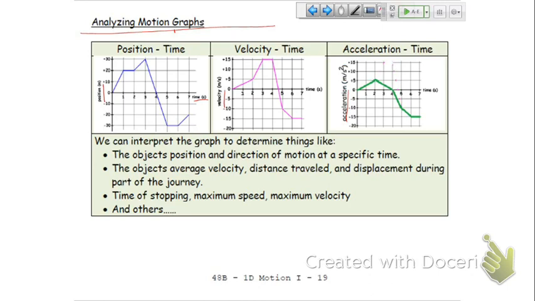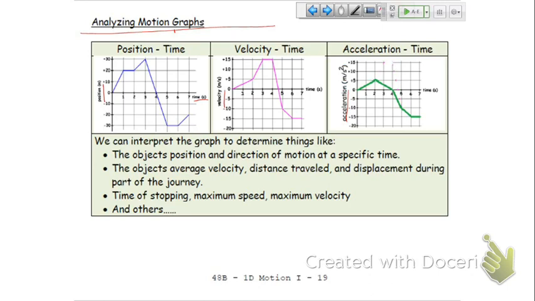What can you tell me about the velocity of the object in the second? It's zero, isn't it? No change of position in time. What can you tell me about the velocity of the object in the third second? It's going to be a constant velocity.